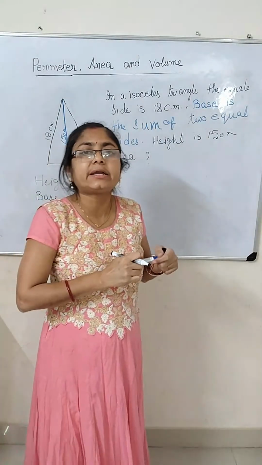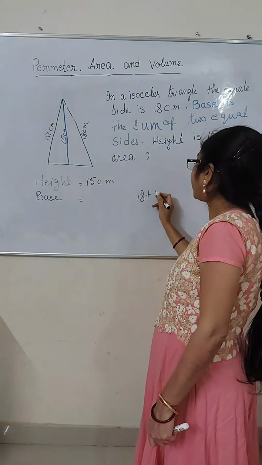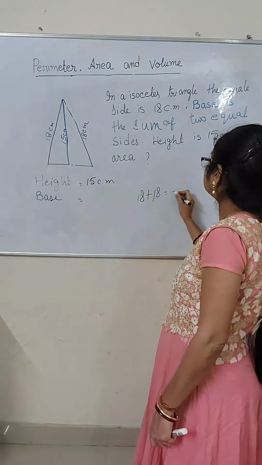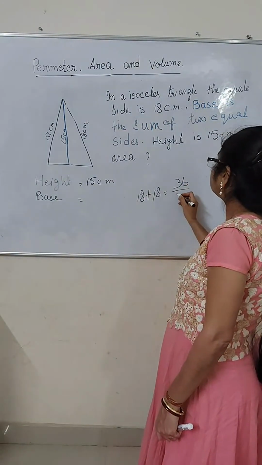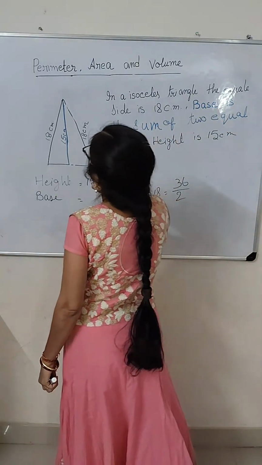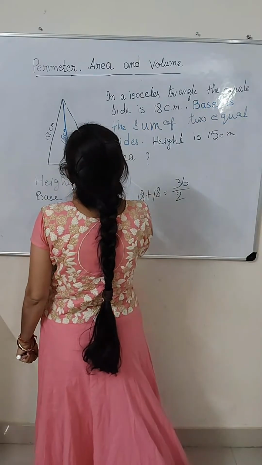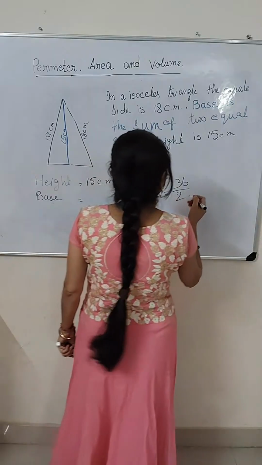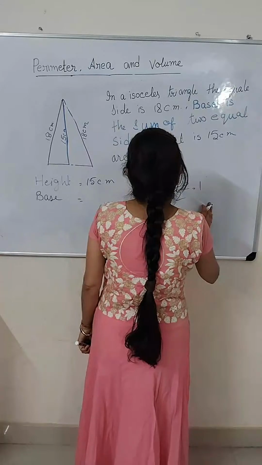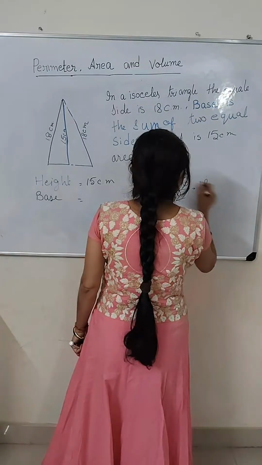What's the equal side? Equal side is 18. So sum of means 18 plus 18. Sum is addition. So it is 36. 36 by 2. It is also 18.